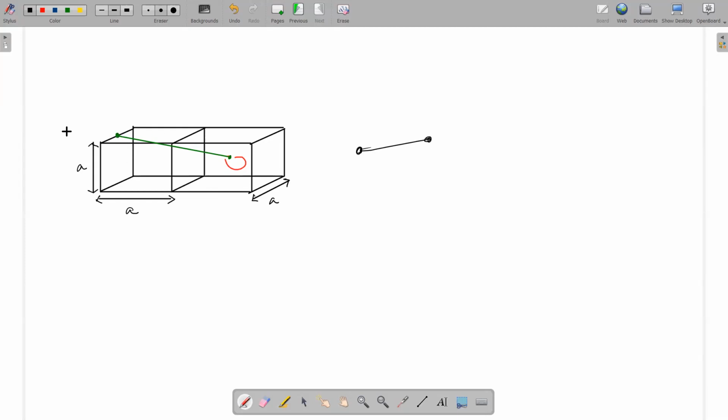You are saying from this point, AB is equal to that answer. That is the centroid of this cube, the center of the cube. And then from B till C, mark this point as C, that will be A by 2.